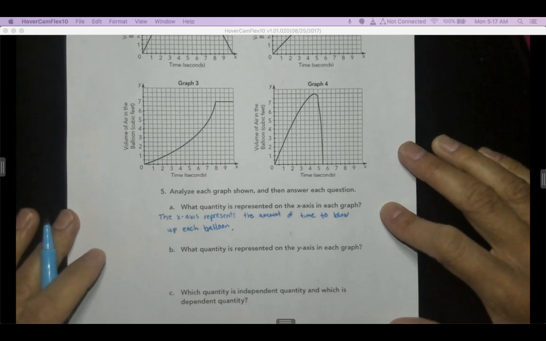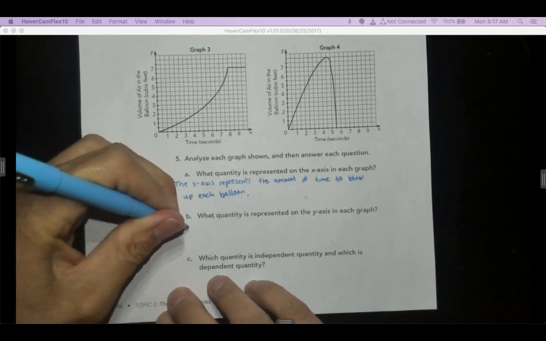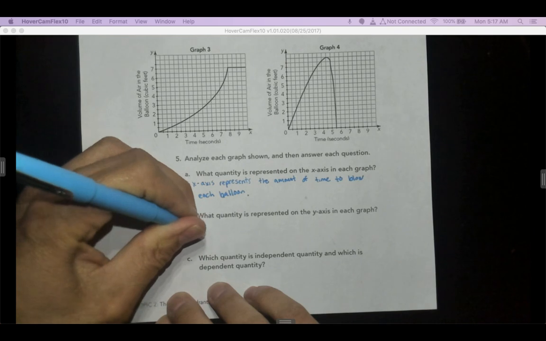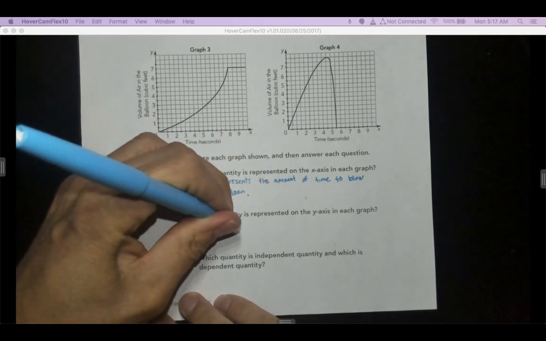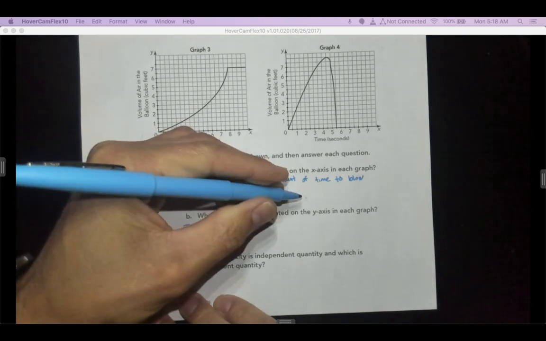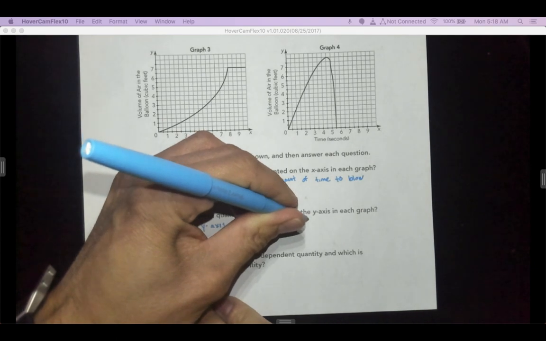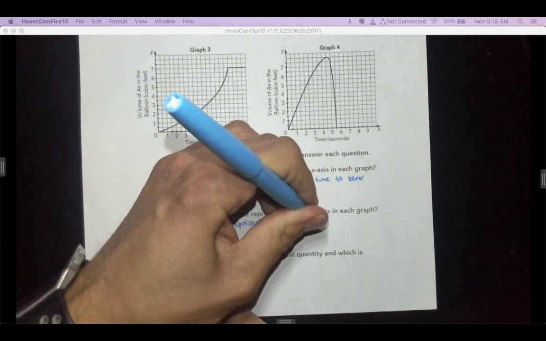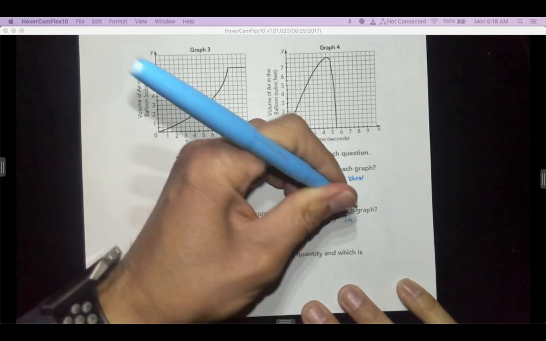What quantity is represented by the y-axis in each graph? The y-axis represents the volume of air in each balloon.